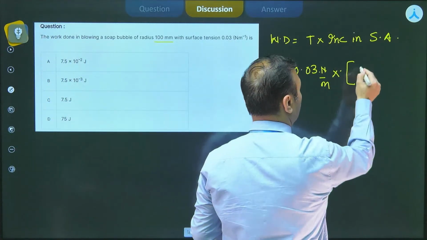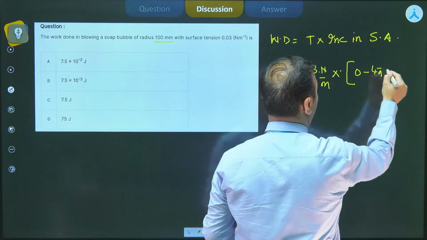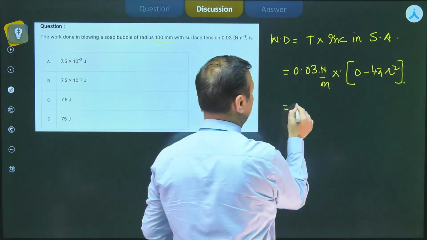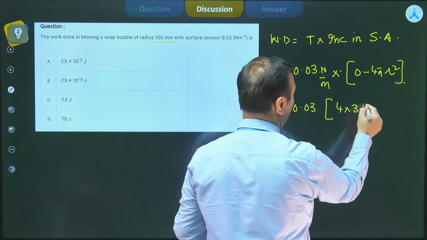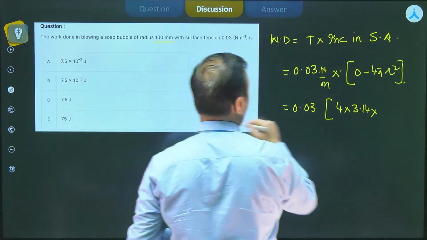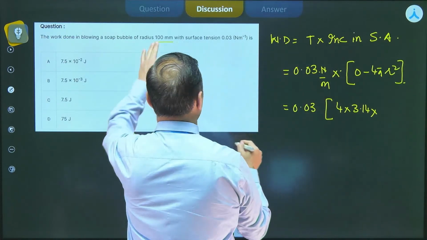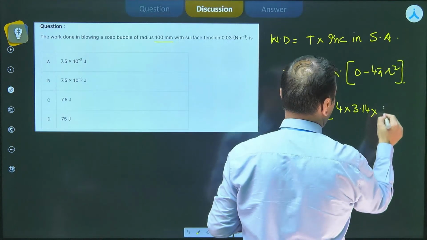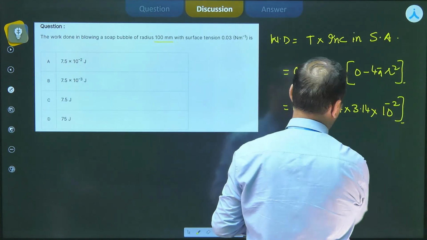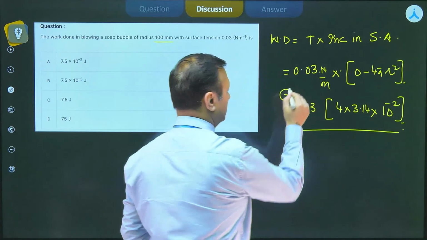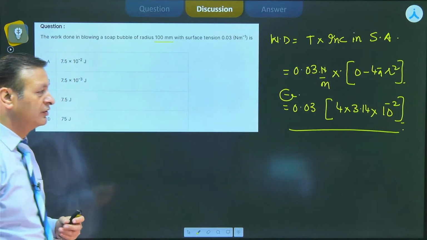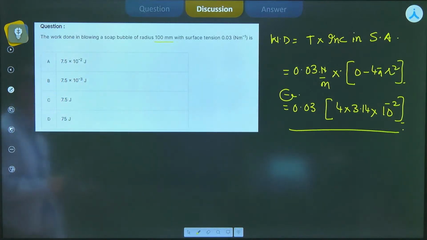So this is 0 minus 4 pi r square, and this is 0.03 into 4 into 3.14 into r, 100 millimeter. We know 1 millimeter is 10 to the power minus 3, so that makes it 10 to the power minus 1, squared, and when you solve it you will get the energy, with a negative sign, so energy is given to blow it. When you multiply all three variables, that will give you the answer. Got it?